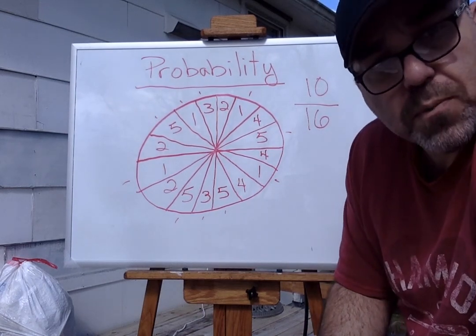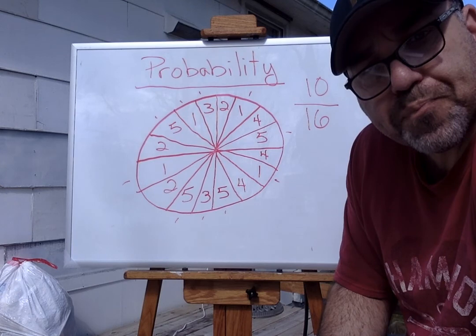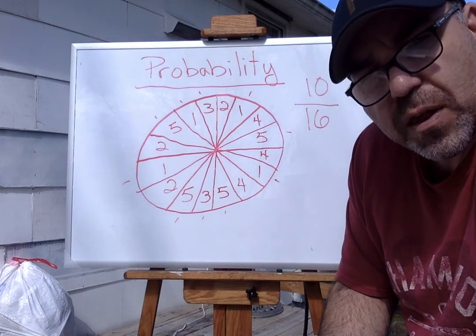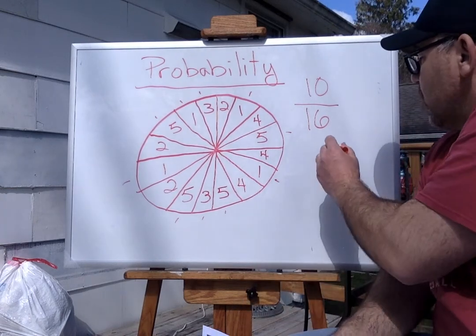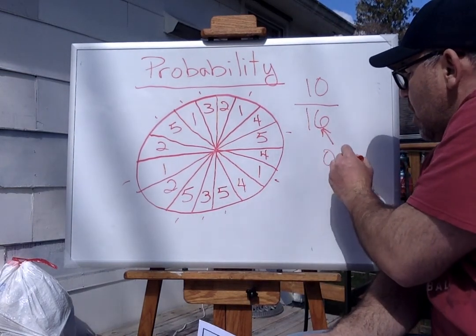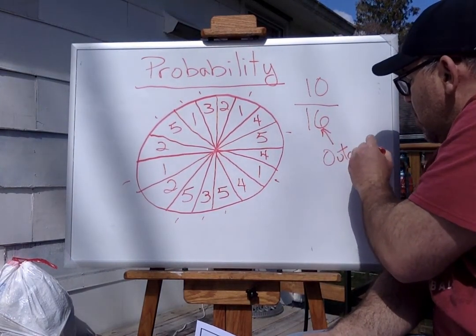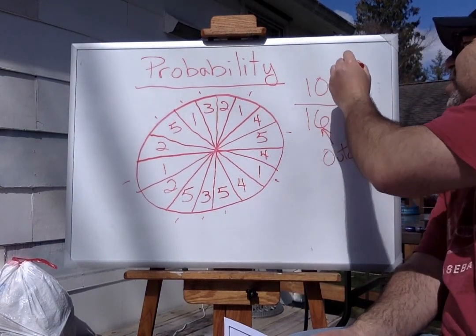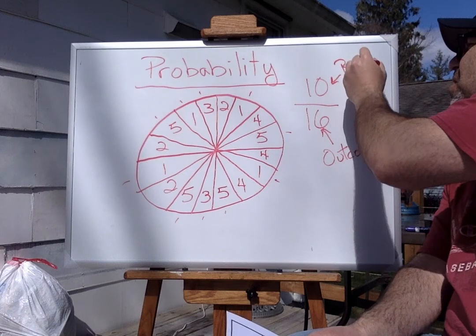It's pretty straightforward. There's no tricks to this, okay? So that's the key thing to finding probability. The first thing is, how many possible outcomes are there? This is how many outcomes there are, and this is the result.